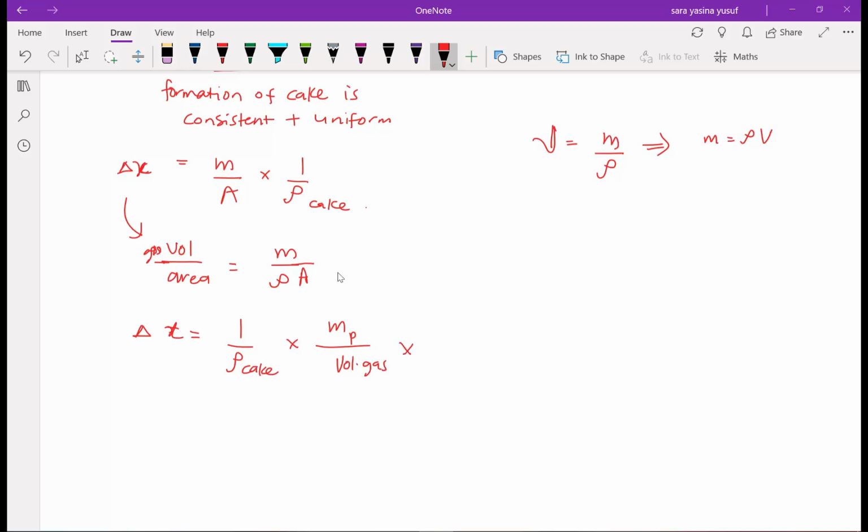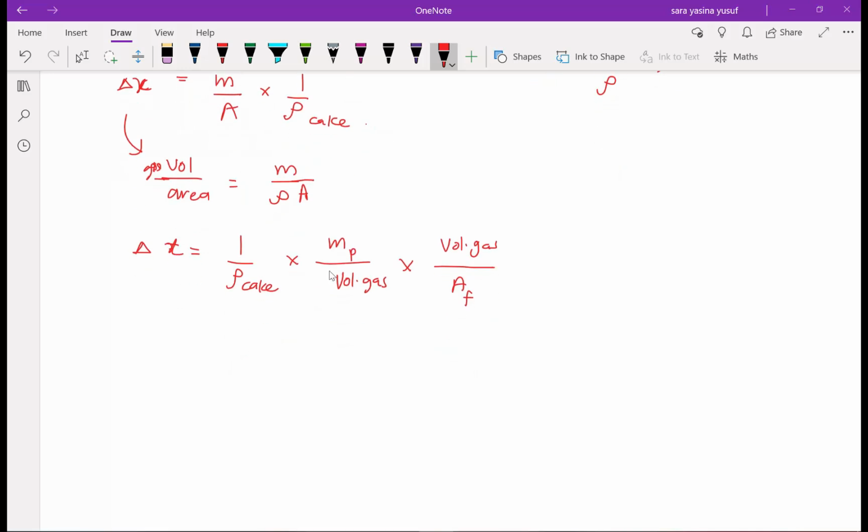This we can break down further: volume of gas over area, filter area. These two can be cancelled off, so only m of particles over A remains. It gives you the original equation for delta x.